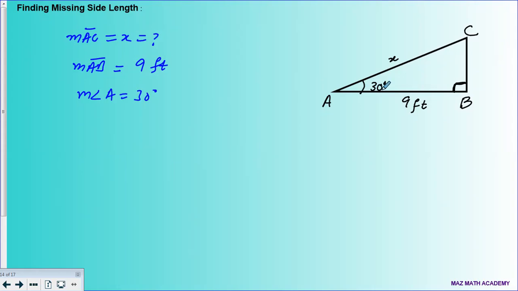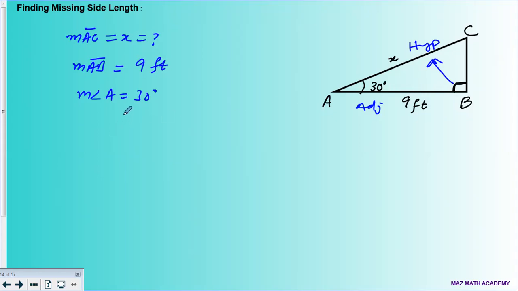With this angle, AB, which is given, is the adjacent side, and we need to find the hypotenuse, which is always the longest side and opposite to the right angle.